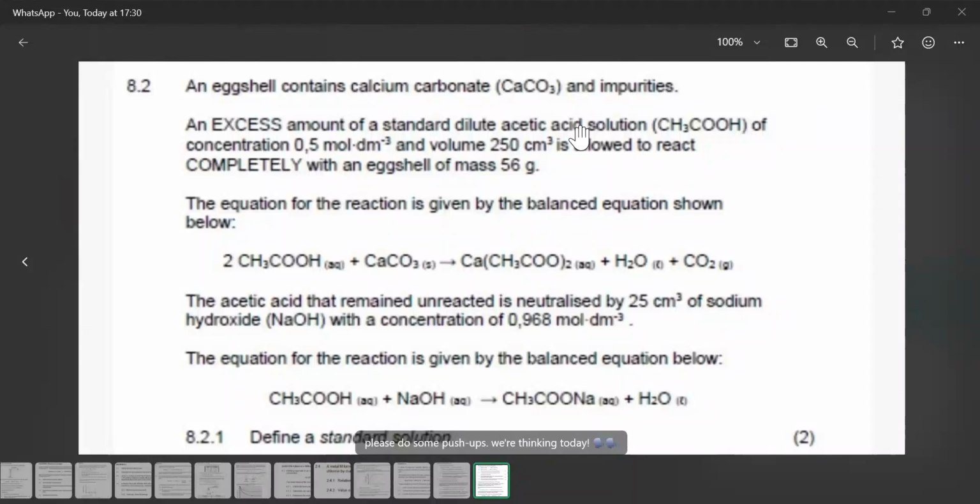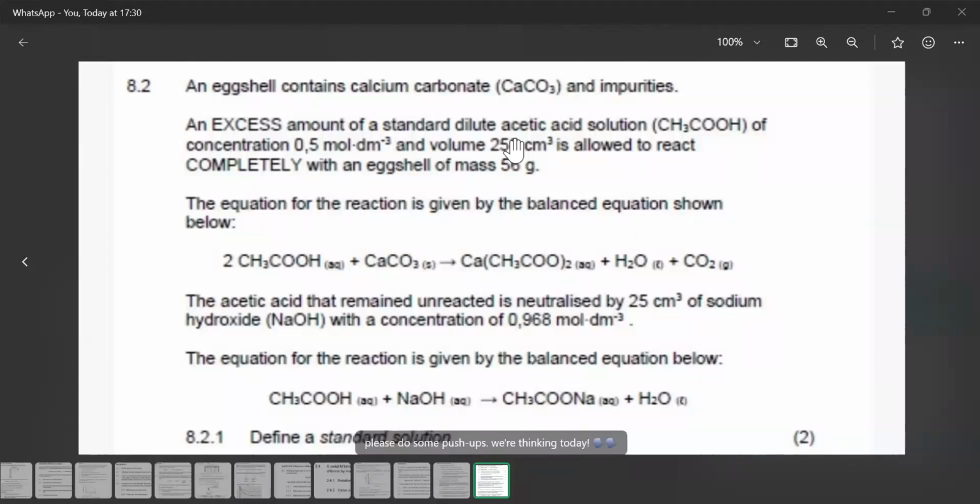So this is what I want you to see. I want you to realize that the number of moles that are available for this acetic acid, we are going to get them by using this 0.5 and the 250 cubic centimeters. That's how we get the number of moles that are available.